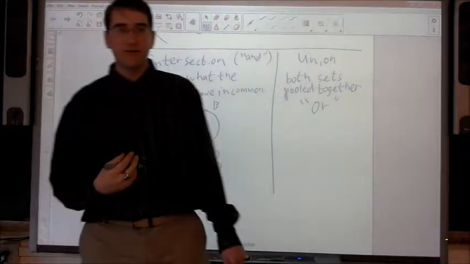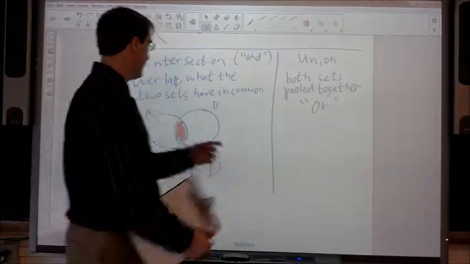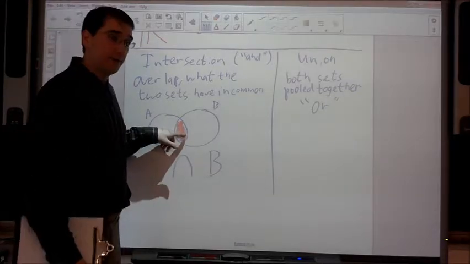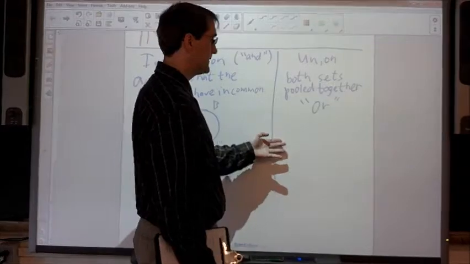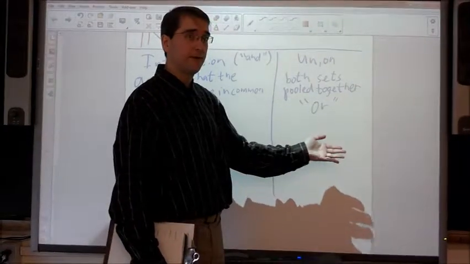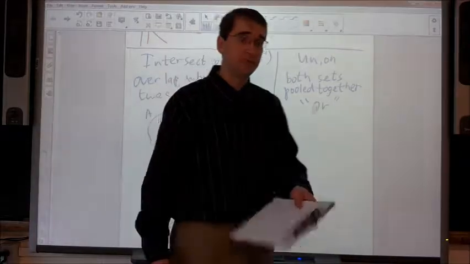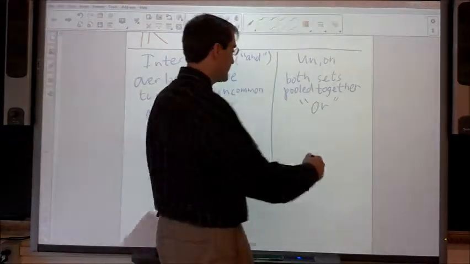It's the set that contains everything that appears in either set. The intersection is the things that appear in both, the overlap. The union, it could appear in one, it could appear in the other, it could appear in both. It would be everything. Again, this makes more sense with examples, so check out the examples in the third video.